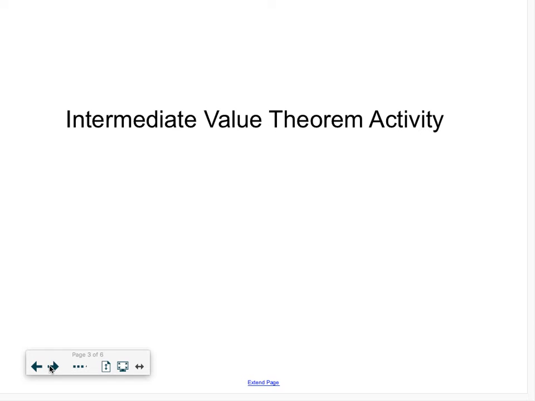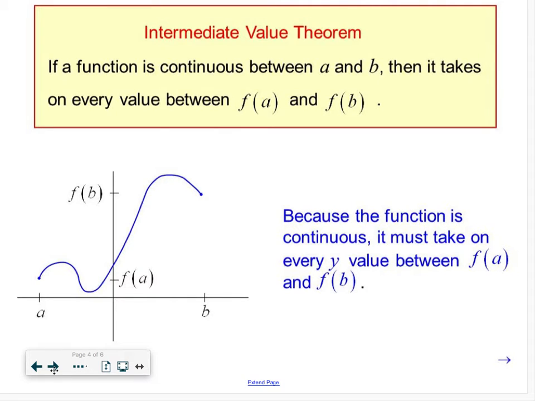That, ladies and gentlemen, is the intermediate value theorem. And I'll even make it nice and simple for you. If a function is continuous between a and b, then it takes on every value between f of a and f of b. If we have a continuous function, then whatever the height is at a and whatever the height is at b, we have to hit every height in between.